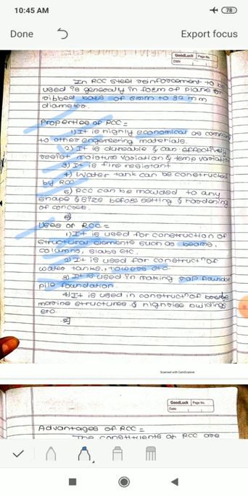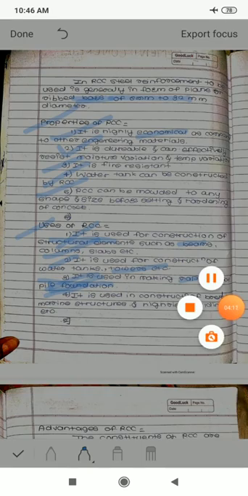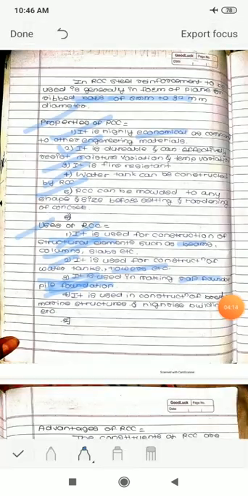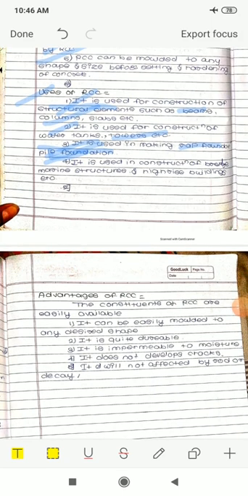A pile foundation is a column-type foundation which is used in hard strata. Next, it is also used for the construction of RCC slabs in buildings, or for roofing. Next, the advantages of RCC are the same as the properties.